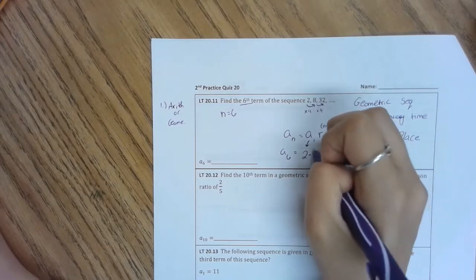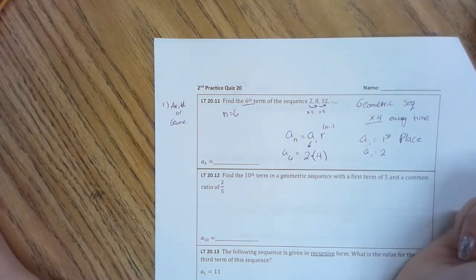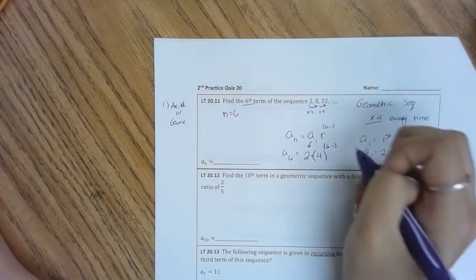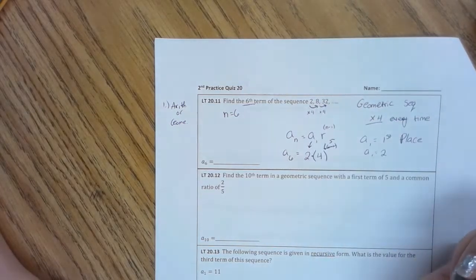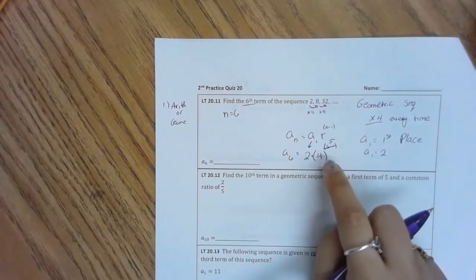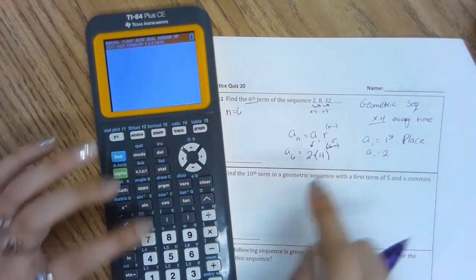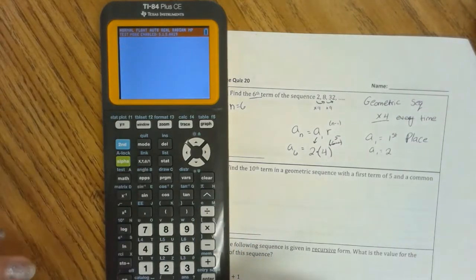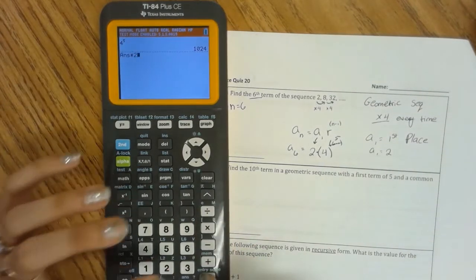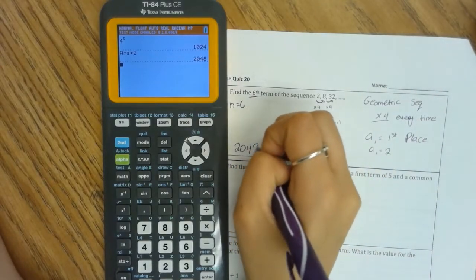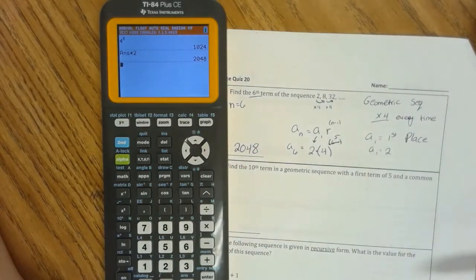So 4 is going to be our R, and we said N was 6, so 6 minus 1, which is technically 5. Now this is where PEMDAS comes in. You first have to do 4 to the 5th power. So I turn on my calculator, do 4 to the 5th power, whatever I get, multiply it by 2, and we get 2048. And that is going to be our answer.